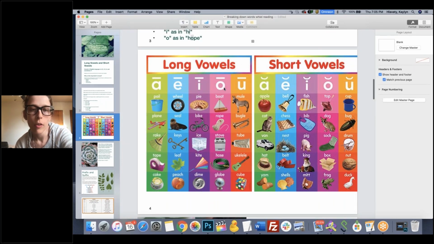For O, again the O and A are together, so it's going to be boat. You can hear that the O sounds exactly like it's supposed to as a long vowel.